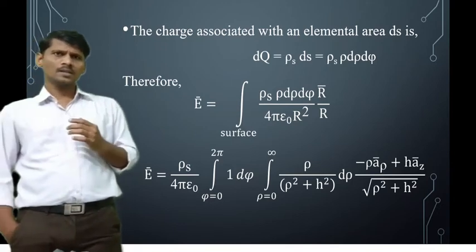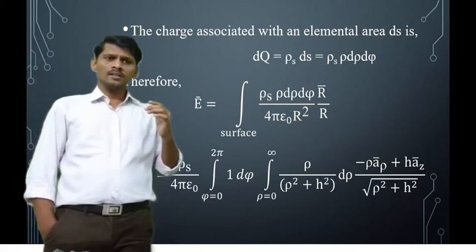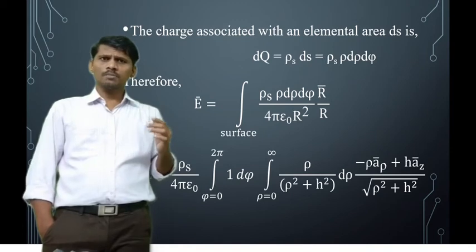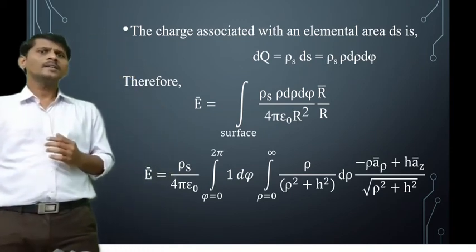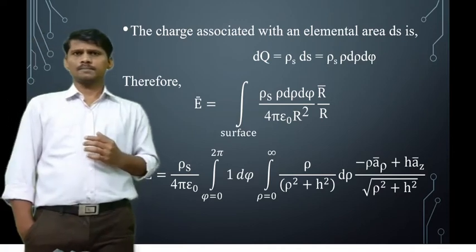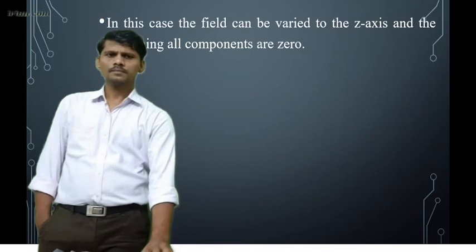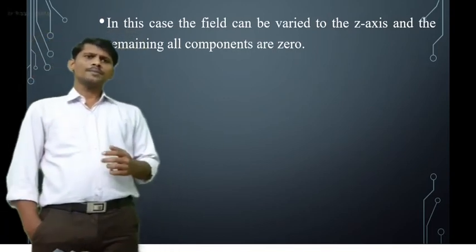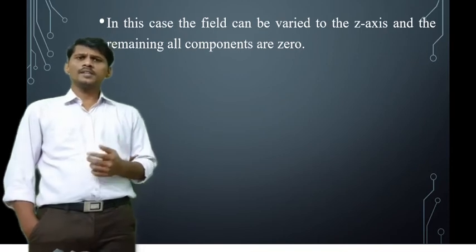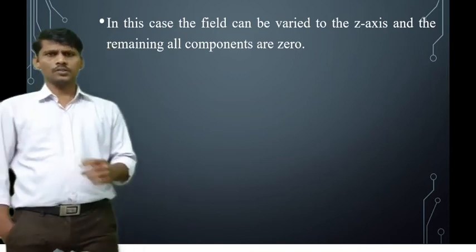So consider only the a_z bar component and neglect the a_rho bar component. Therefore, the electric field is along the z axis and the remaining components are 0.